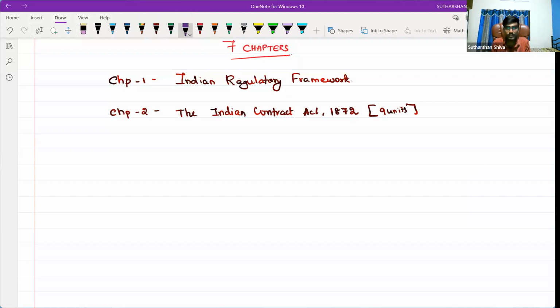Out of those 9 units, your unit 1 is nature of contracts, which is very basic. In your 11th and 12th curriculum, whether it's state board or CBSE, you have about the nature of contracts. And unit 2 is based on consideration. What does consideration mean?